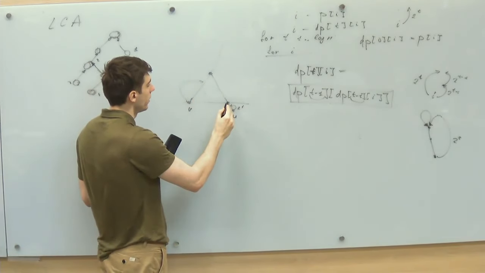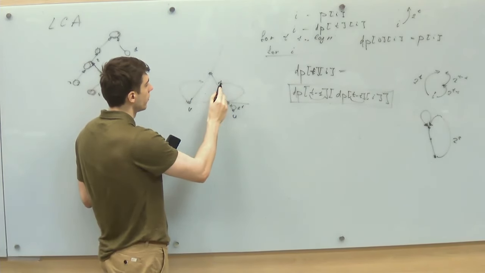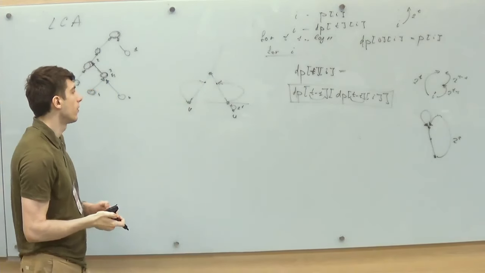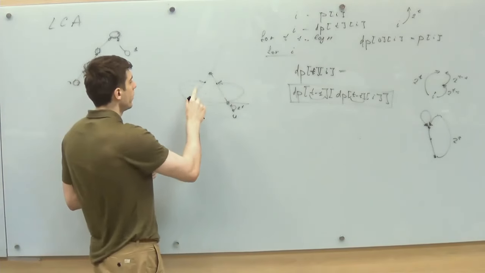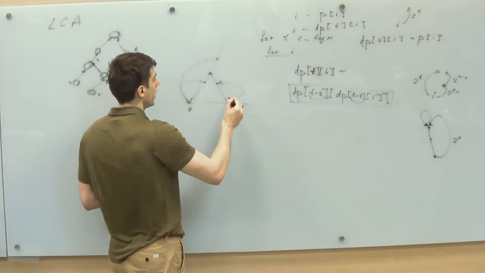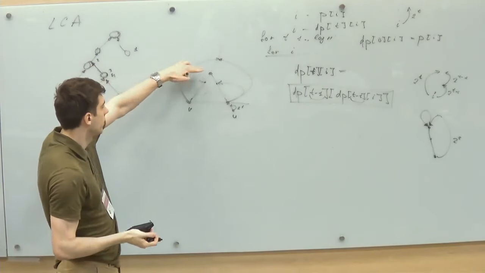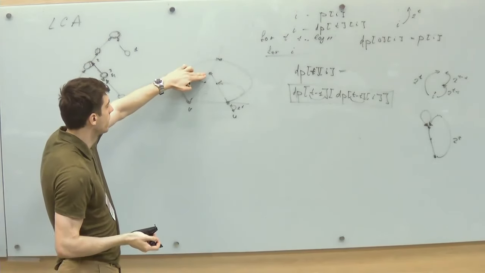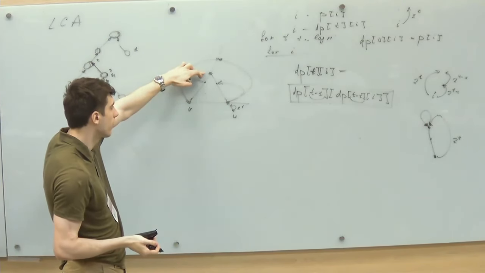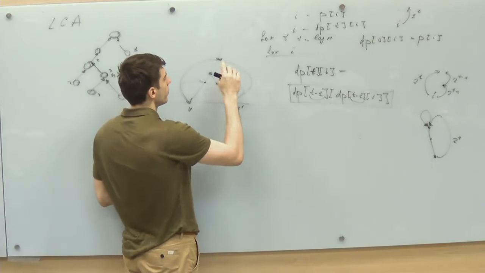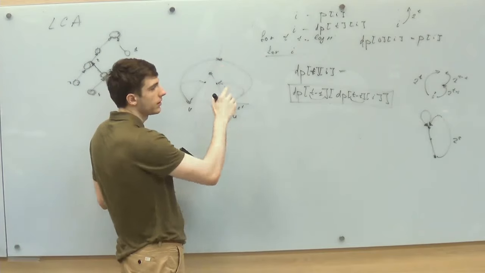We can either go here when they did not reach the common ancestor yet, or we could hit here when they definitely passed the common ancestor, and in this case we know that they will hit exactly the same vertex.